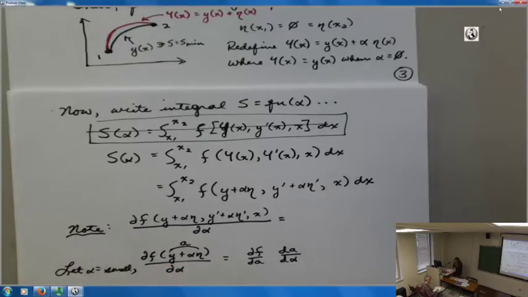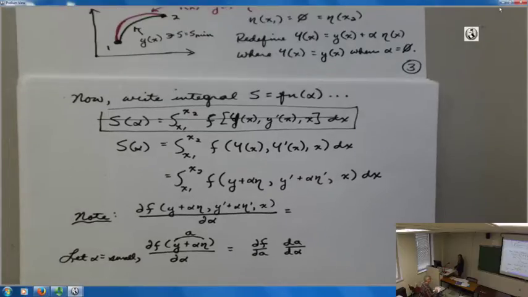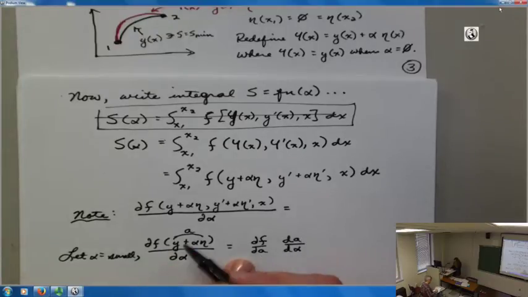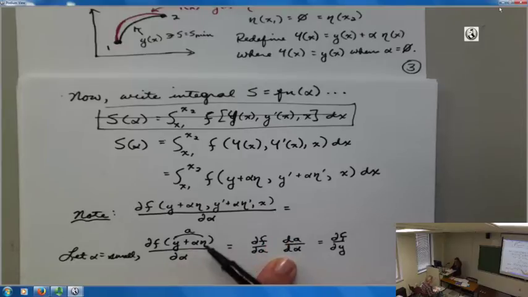Since I am trying to find that region where alpha is 0, when I'm close to that region, I will have df dA, where alpha is small, so that's basically just df dy, times dA d alpha, which is just eta. Are you guys okay with that?